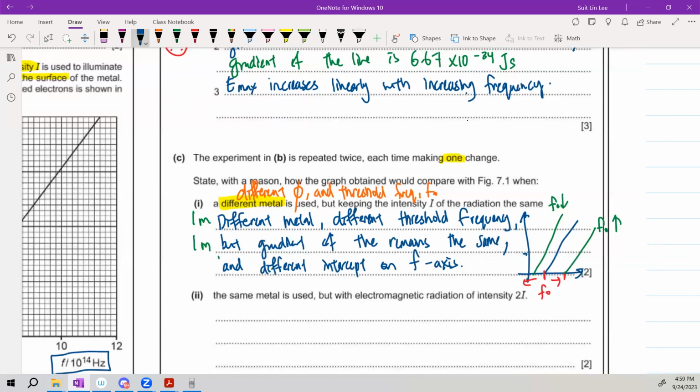Okay, same metal is used, so same threshold frequency. Electromagnetic radiation intensity is 2I. Remember, intensity doesn't affect your KE max. So for this one, although the intensity is double, photon energy only depends on frequency.